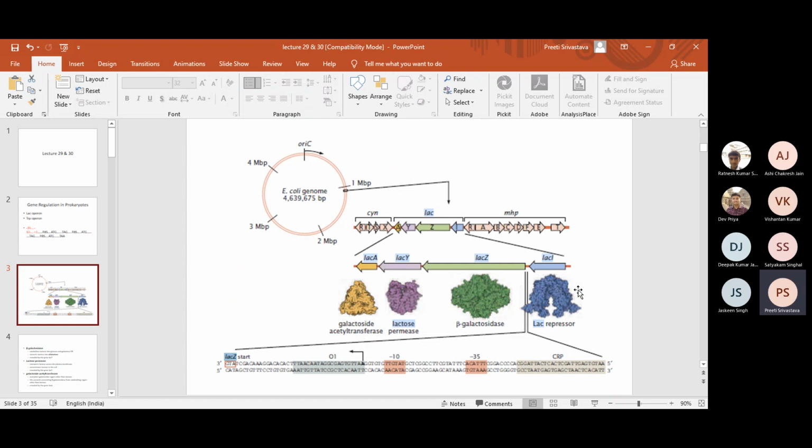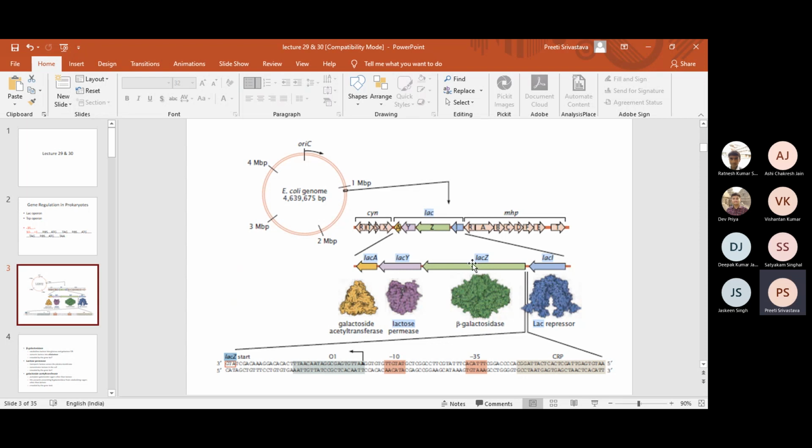There is a regulatory gene as well, called lacI, and lacI encodes for a regulatory protein called lac repressor. What is important to note is that lacI, or lac repressor, is transcribed by a separate promoter, so it is not part of the operon.